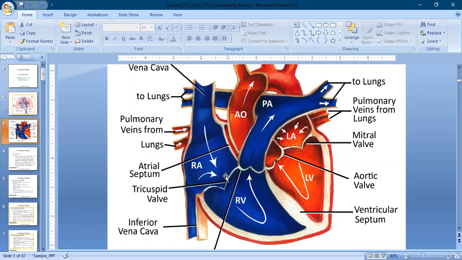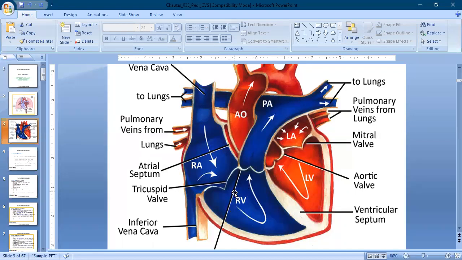Sometimes this tricuspid valve is absent or does not open up. This is called tricuspid atresia, right?